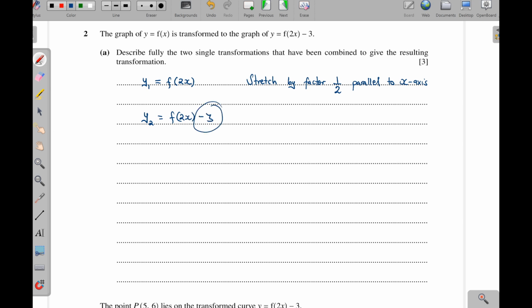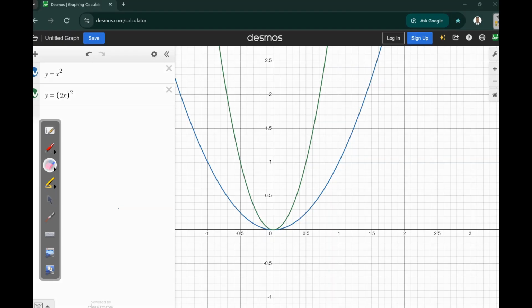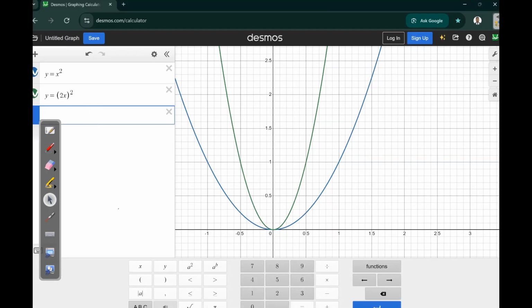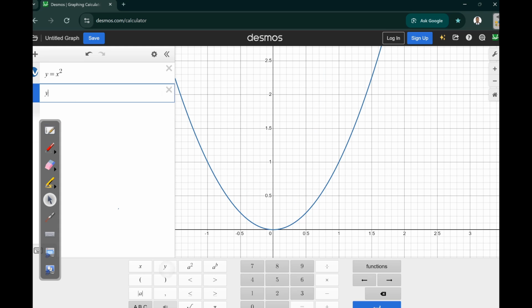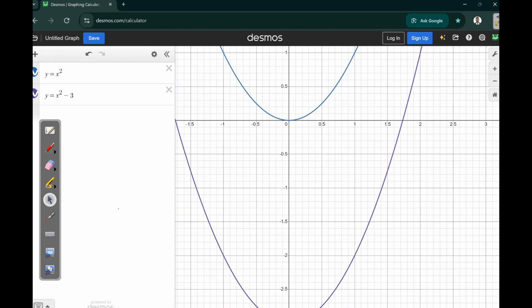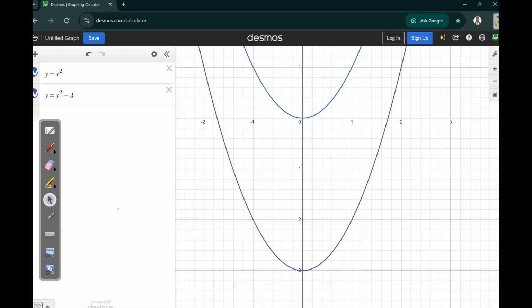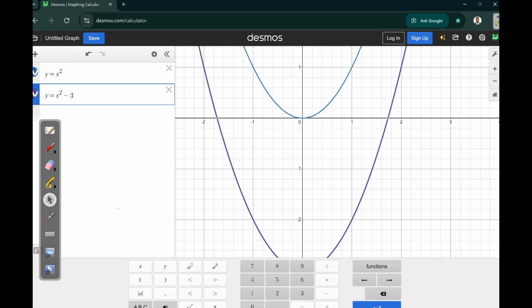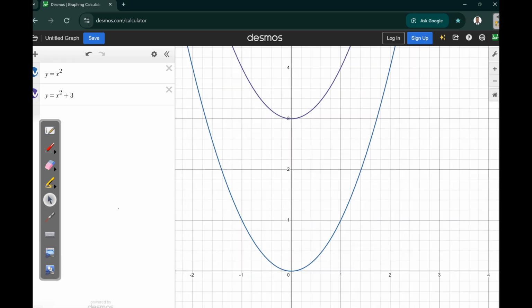I said if there is an addition or a subtraction, then that is a translation. So when I come back to this one here, and I put y equals x squared, and then we say minus 3. So minus 3, it is moving down. You see that? It has moved down by 3 units. So that is a vertical translation. If it's a plus 3 here, then it will move up.